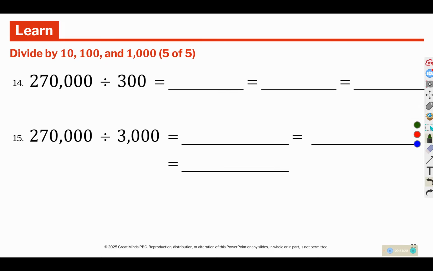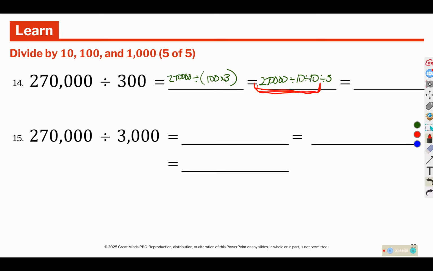Number 14, 270,000 divided by 300. Well, 300 is 100 times 3. And we know that 100 is 10 and 10. Back in problem 11, we did this calculation.